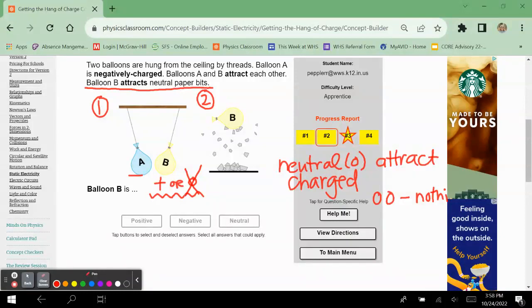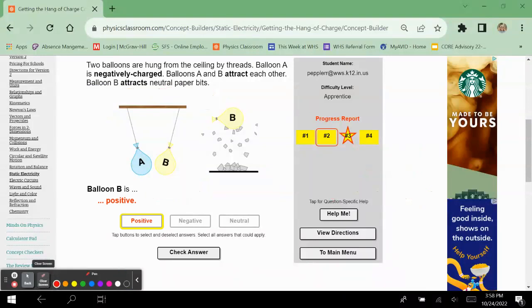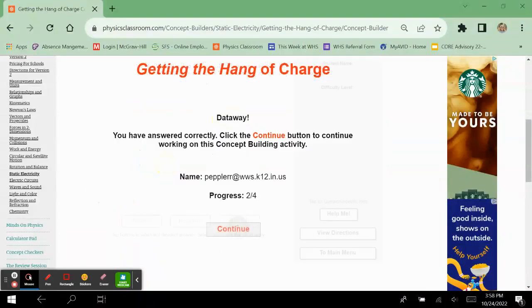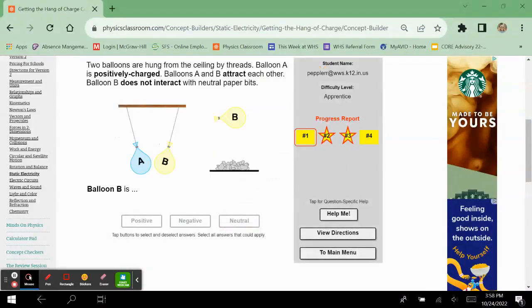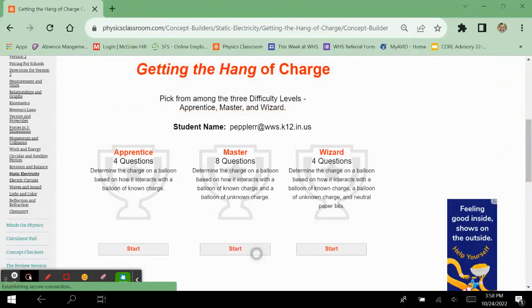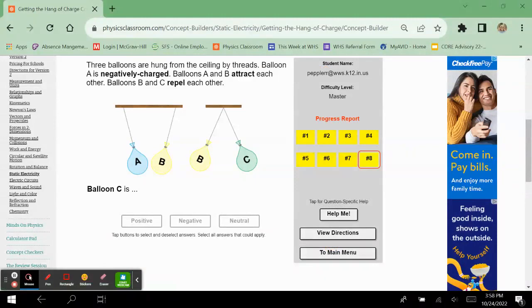If B was neutral, it would not interact with the paper bits. So I know that B is just positive. Okay, clear my screen, check answer. We got it right. So those are kind of the key things you need to keep in mind when you work through this. Let's go back and let's look at a more complicated situation and look at the one here.